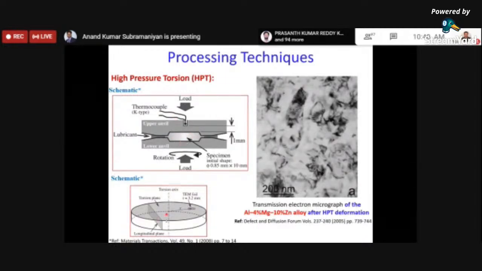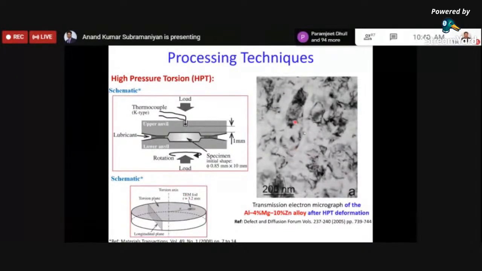And when we characterize the processed sample through TEM, a transmission electron microscope, we see the micrograph of this aluminum alloy. After this HPT deformation, one can find the grains, some of the grain particles or features in the material.